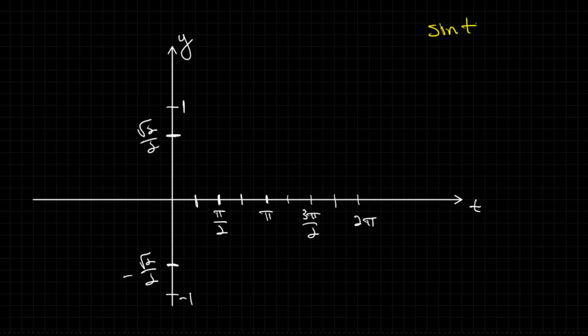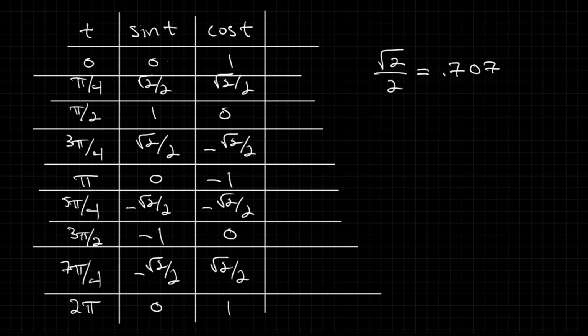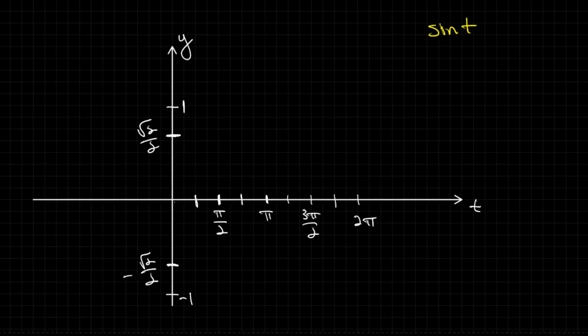So I'm going to start with sine of t. So I'll go ahead and look at sine of t. It goes from 0 to root 2 over 2 to 1. So it starts at 0. Then at pi over 4, it's root 2 over 2. Then at pi over 2, it's 1.